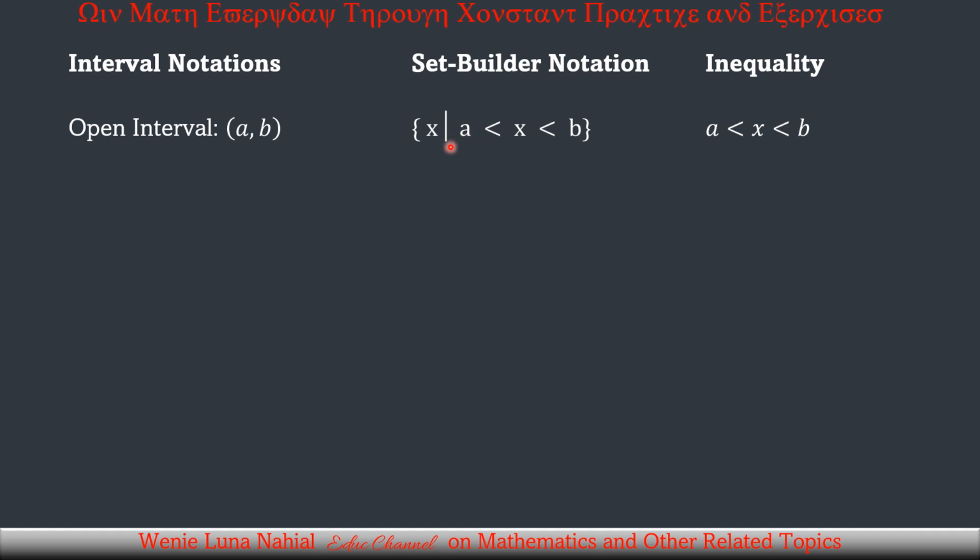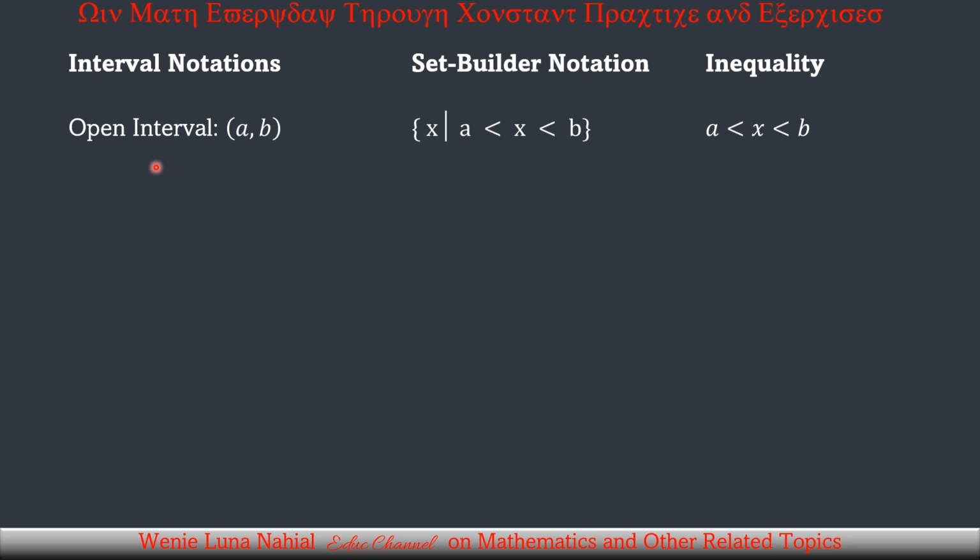Then it says such that our x is greater than A, but x is less than B. So this is in set builder notation. Then in inequality, we have simply A is less than x and x is less than B. So these are the three ways of writing a set of numbers.